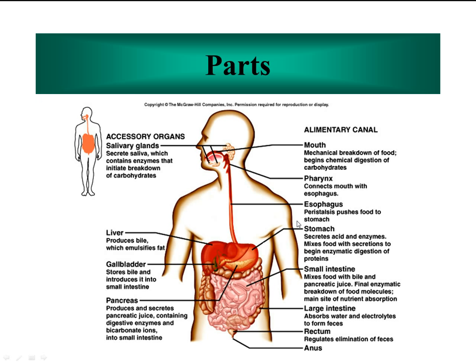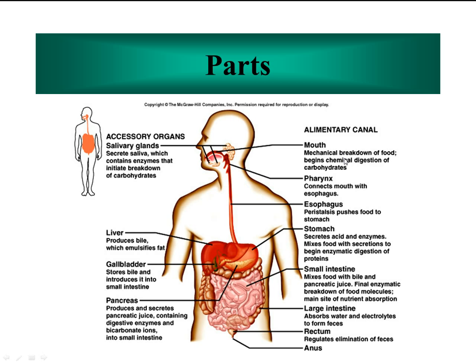The parts of the organ system. The accessory organs include the salivary glands, which secrete saliva, which contains enzymes that initiate the breakdown of carbohydrates. The enzyme amylase is the first enzyme encountered here, and it is released by the salivary glands, also known as parotid glands.